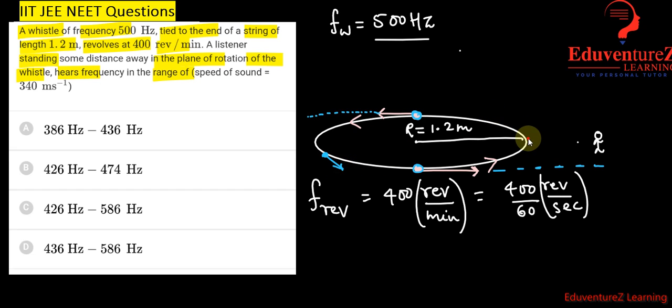The most suitable condition for the maximum is that the sound should come towards the man, and for the minimum is that the sound should go away from the listener.